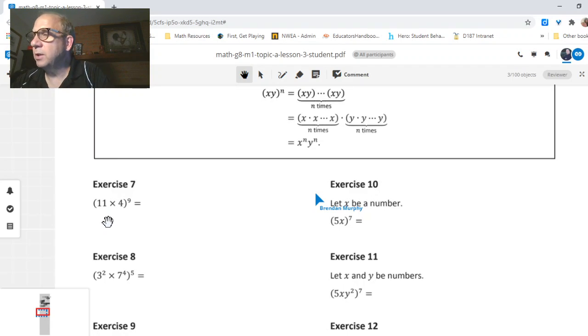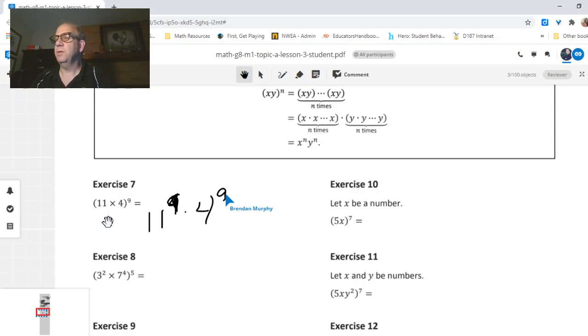So if my x is 11, I would have 11 to the 9th times 4 to the 9th. That's all it's saying.